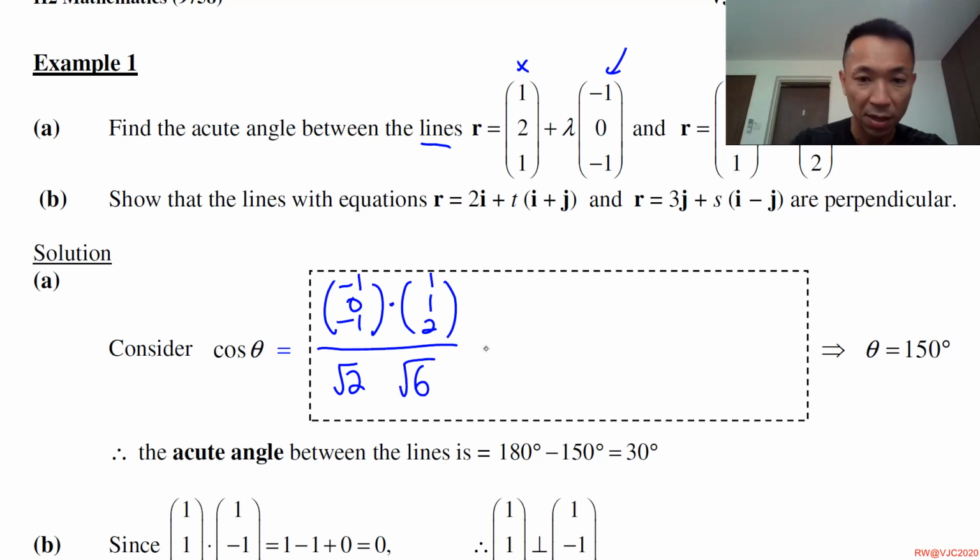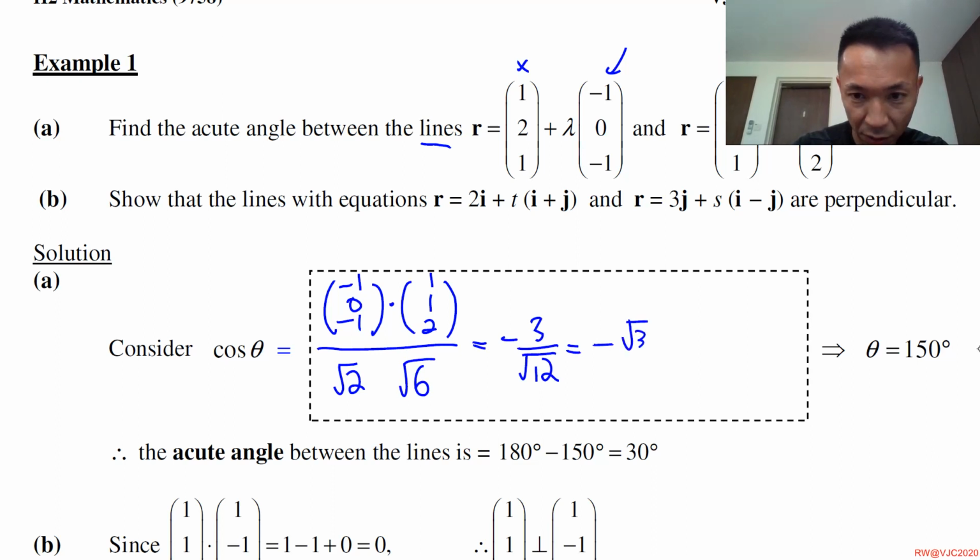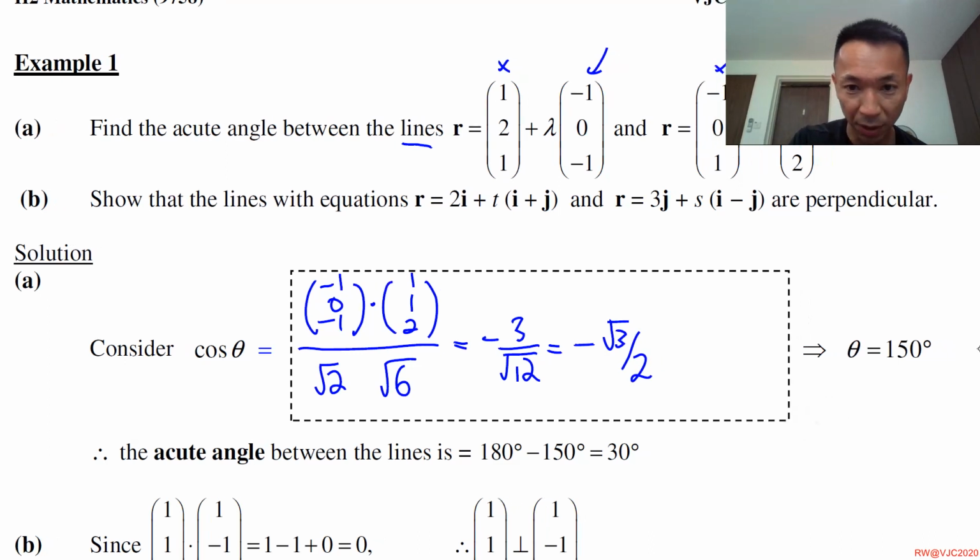Then you get -3 over root 12. You simplify, you get minus root 3 over 2, which is a special angle. Because it's negative, theta is 150 degrees.